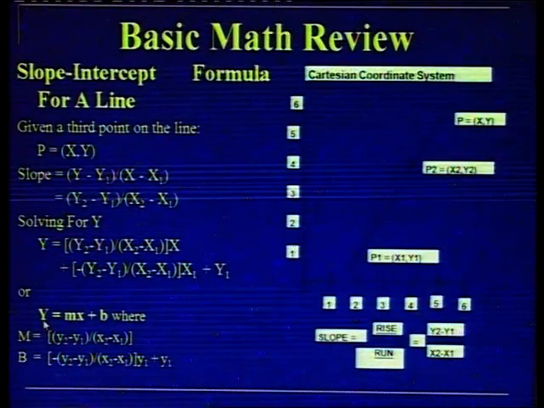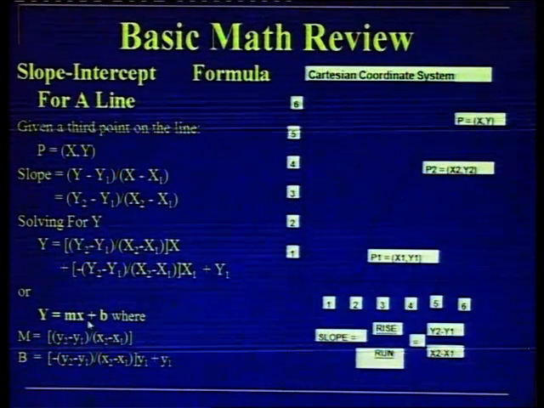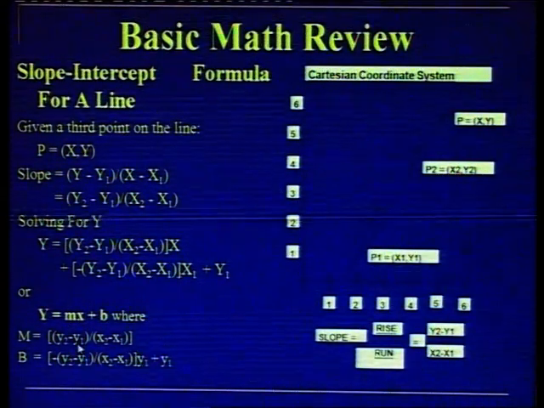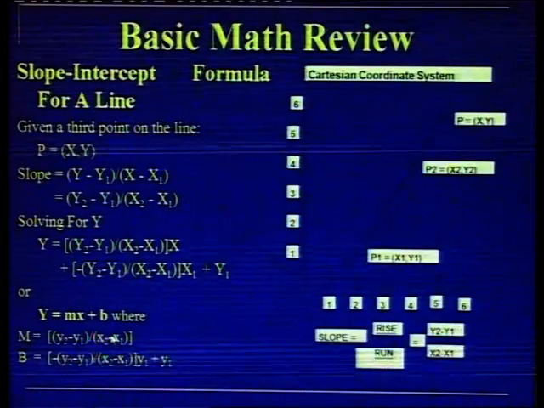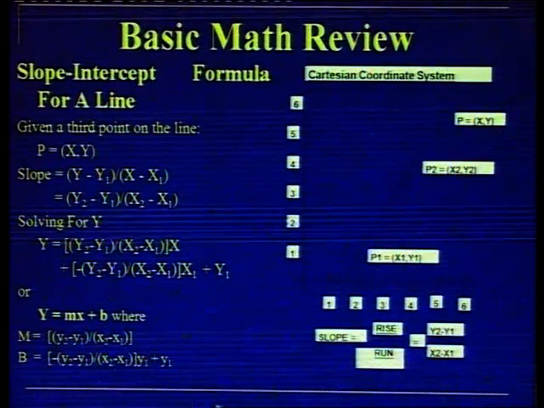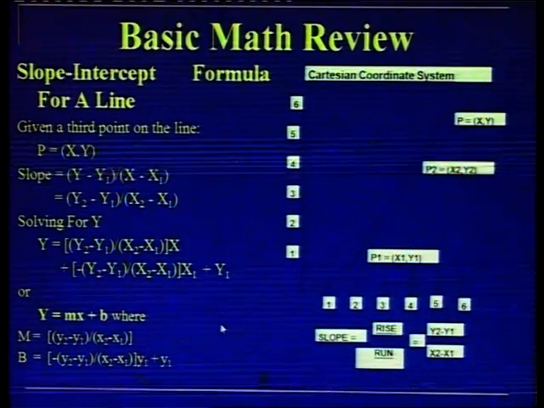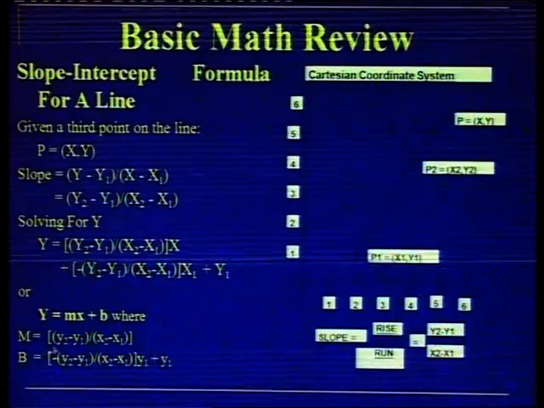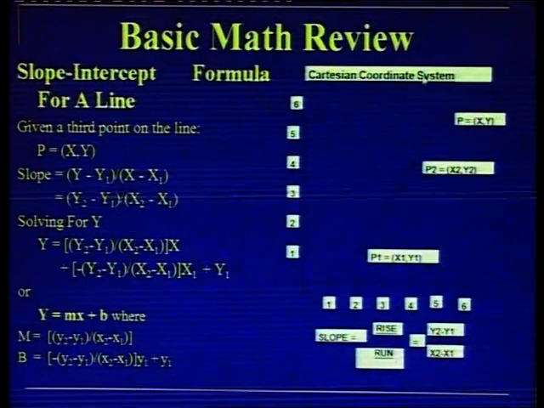Or we can say y is equal to mx plus b, where m is the slope of the line, defined as y2 minus y1 upon x2 minus x1, or rise in the y direction upon run in the x direction, the horizontal direction, and b is the constant, the y intercept.